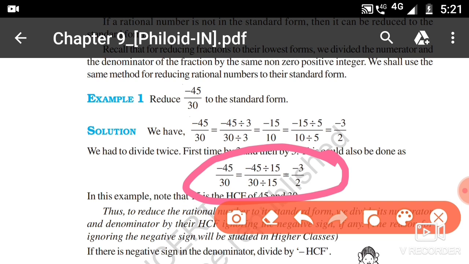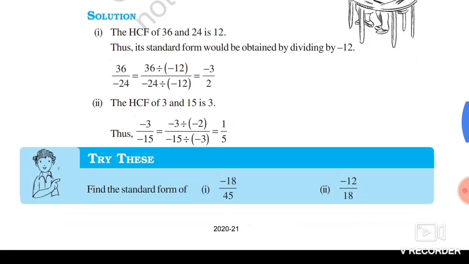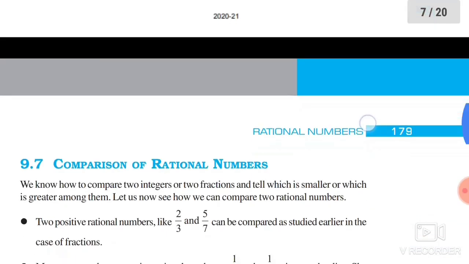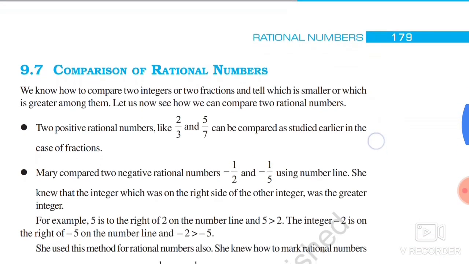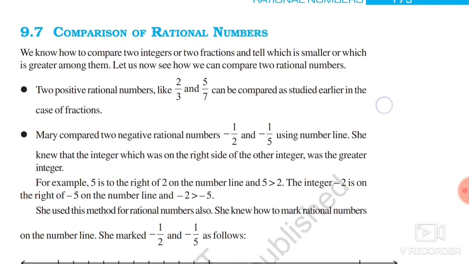Then we are moving on to the next heading, comparing how big, which is greater, which is lesser, that is comparing rational numbers. That is also something you have learned in 7th standard, and we are moving on to the next topic based on it. What you are seeing on the screen is the comparison.